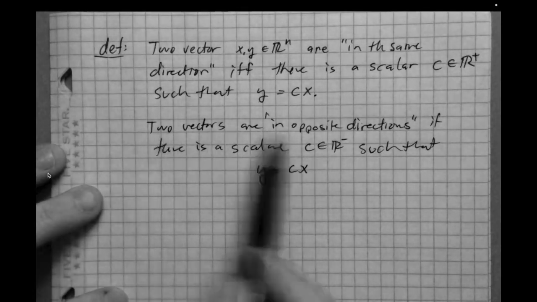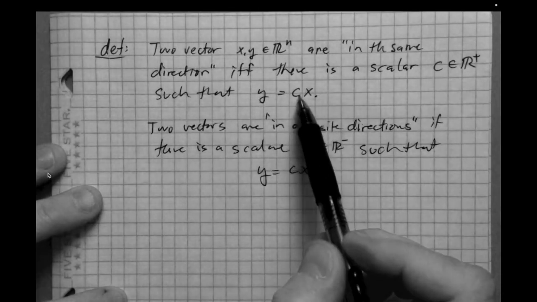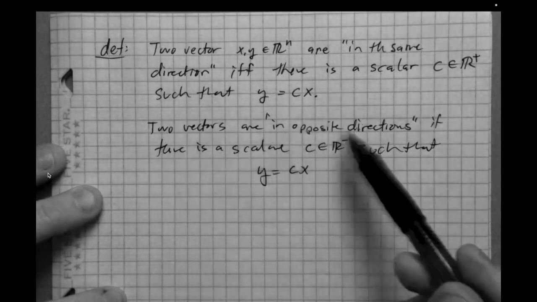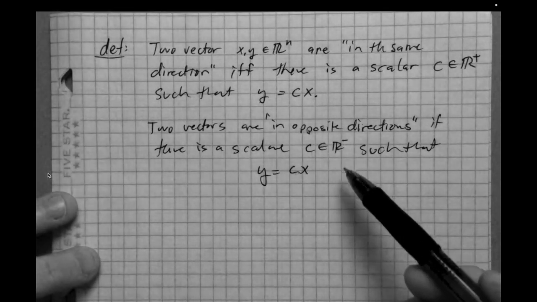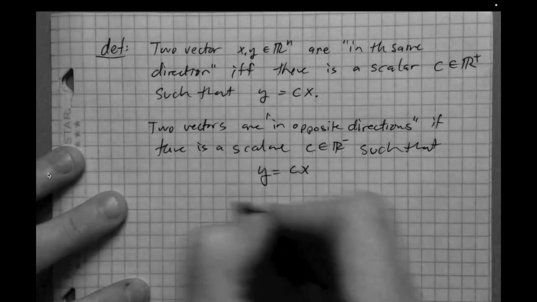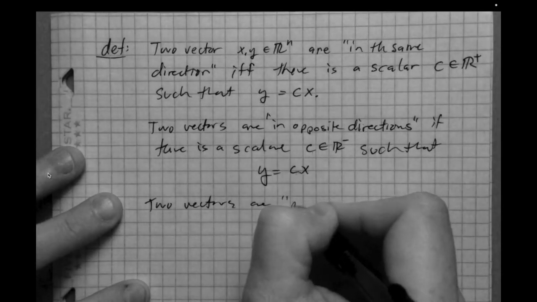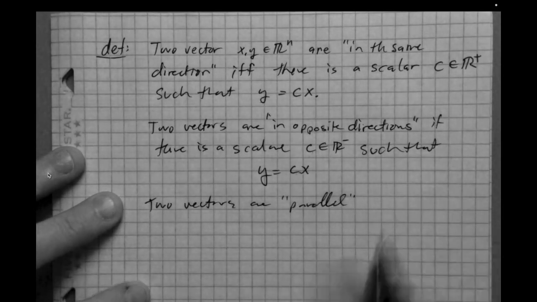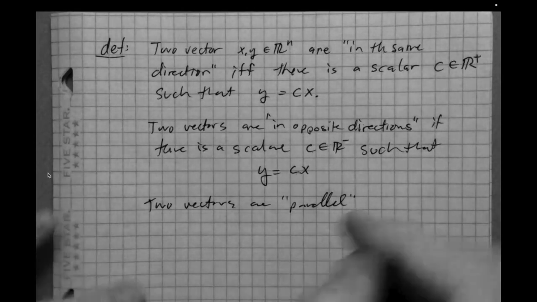And so two vectors are in the same direction if you've got a positive value for the scalar, and they're in opposite directions if c is a negative number. And two vectors are called parallel if they're either in the same direction or opposite directions.